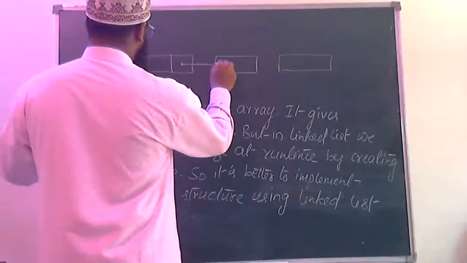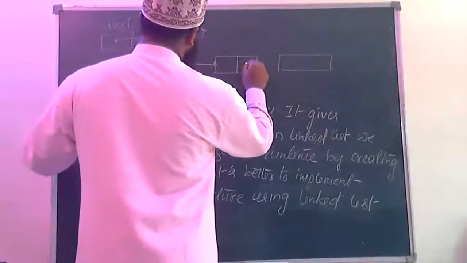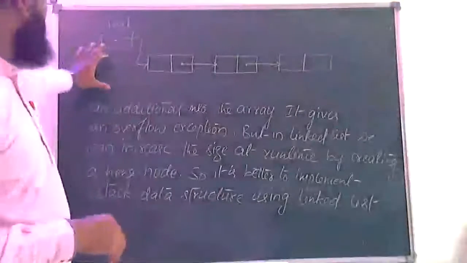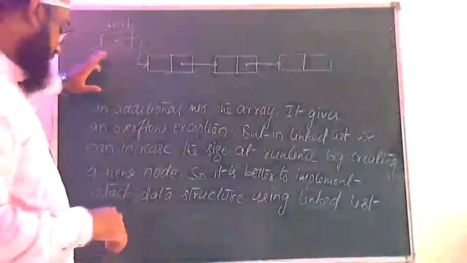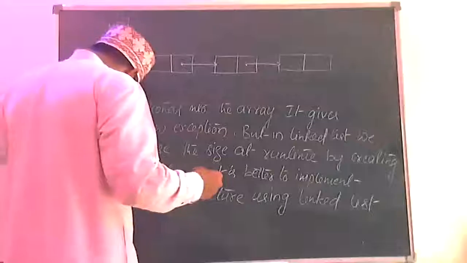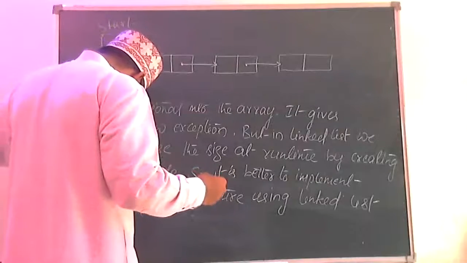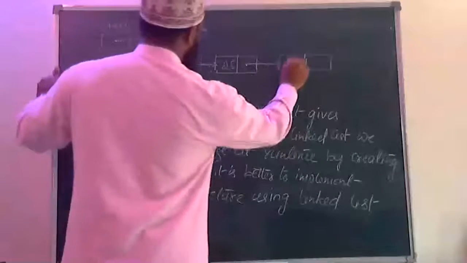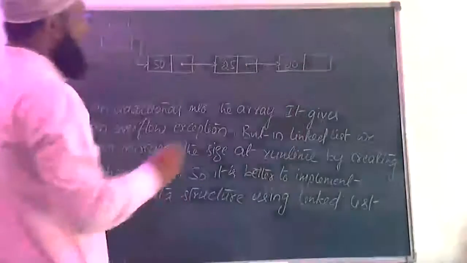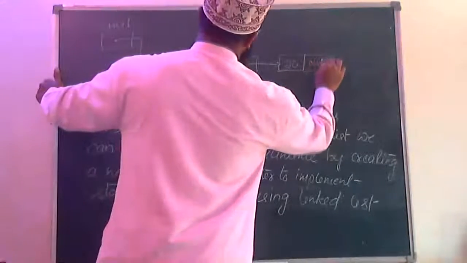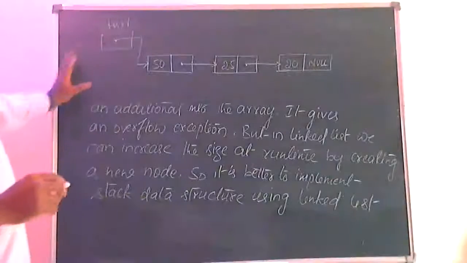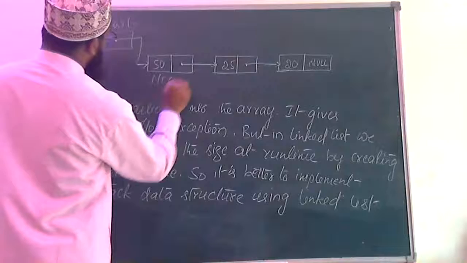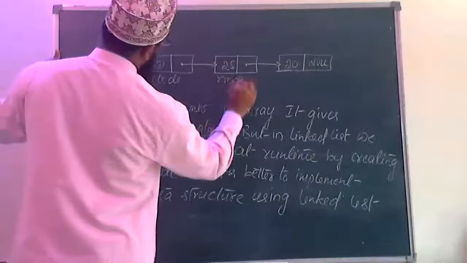The first node will always be connected to its next node. Think like this, a linked list can be created. Take any numbers, 50, 25, 20. Here it is null. This is a linked list, and each of these things is called a node.